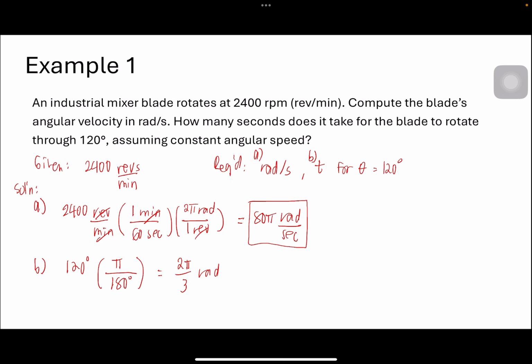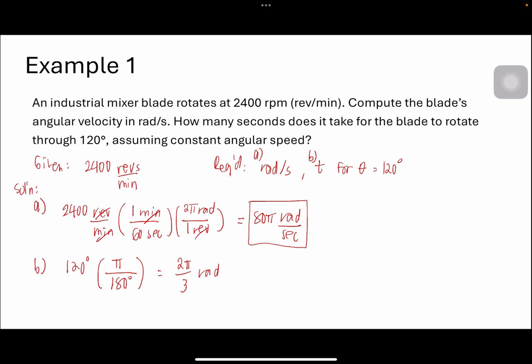We will use this since we're asked for the time, and you were given the velocity. We can start with the given 80 pi rad per second.